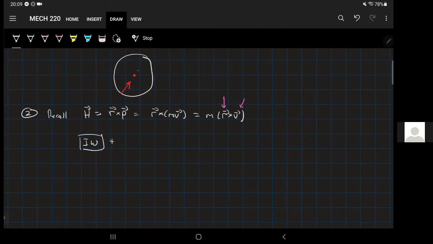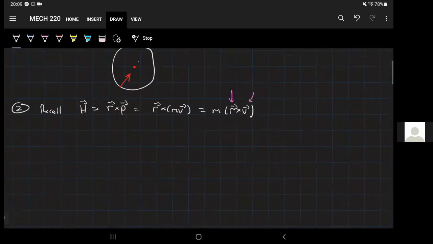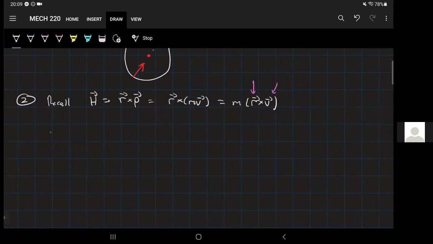And the other comes from the object moving through space, which is the one I described here. We need to find these two components of angular momentum to solve this problem. So I'm going to start by finding the one coming from the motion for the first one.